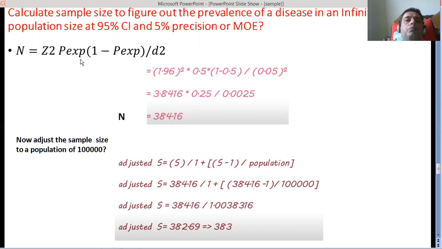Okay, let's just put it in the equation: 0.5, 1 minus P expected again is 0.5, over D squared. D is the precision, or the margin of error, which is 0.05 in the case here. In order to get a larger sample size here, it's between 10% and 90%, so it's safe to use 0.05 here.